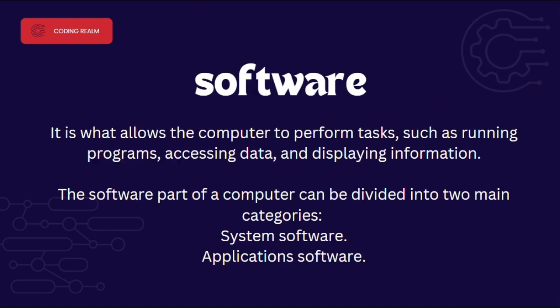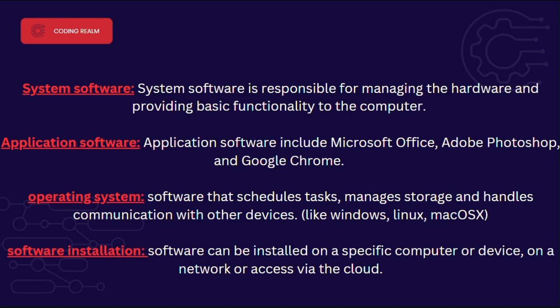And finally, we learned about the software. What is software? It is all the programs and applications that cannot be touched by a human, and these applications and programs work together to help the computer function. And also we learned about the software parts, system software and application software, and what an operating system is, and finally the software installation.